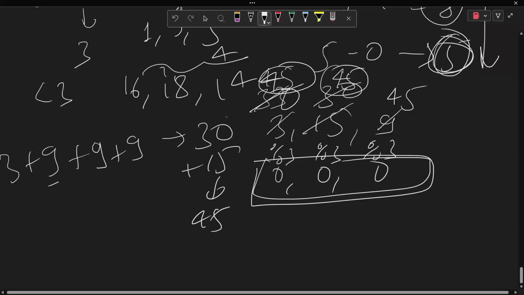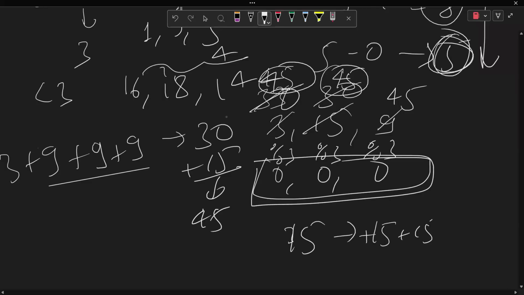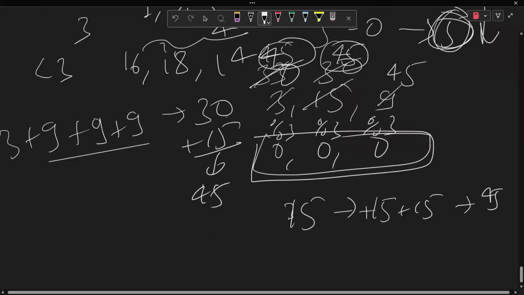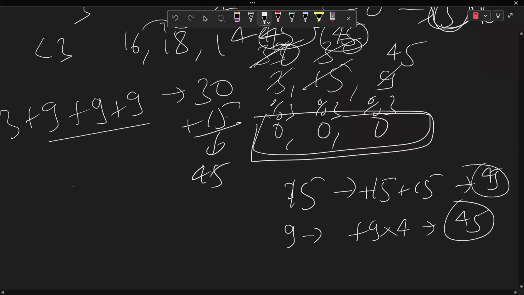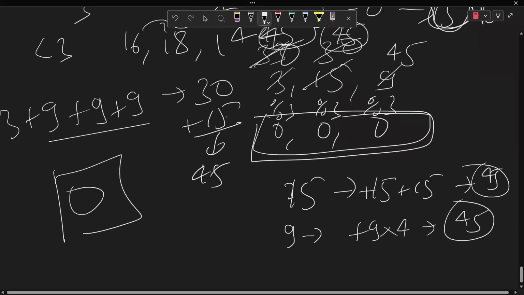In 3, you would perform 9 three times and 15 one time, and you made 45. In 15, you perform plus 15 two times, and you made it 45. And in 9, you performed plus 9 four times to make it 45. Okay, so you can make all of the values equal to 45 and reduce the range to 0.